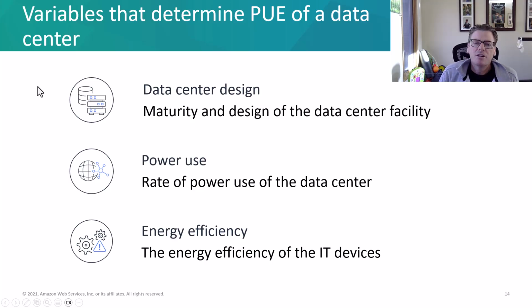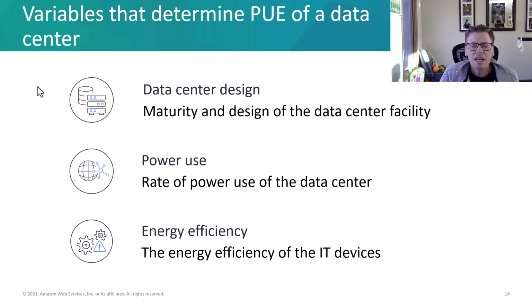All right, some of the variables. What goes into determining your PUE in your data center? It's going to be the data center design, which is the maturity level and the design of the data center facility. What is the rate of power use at the data center? And energy efficiency, meaning how efficient are those IT devices.